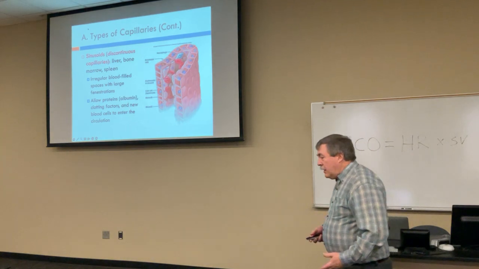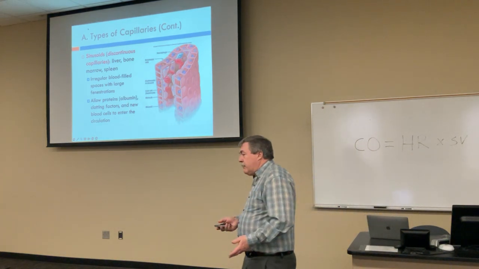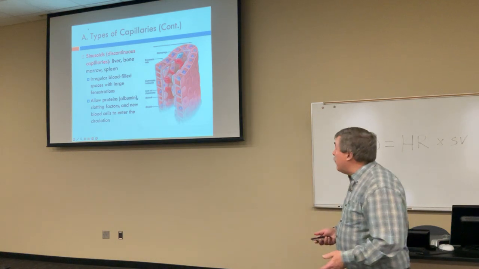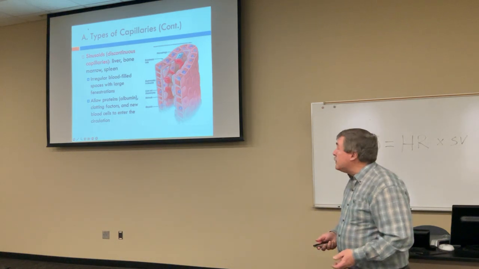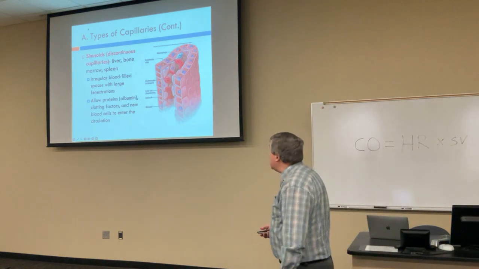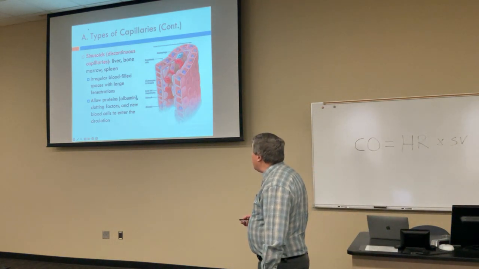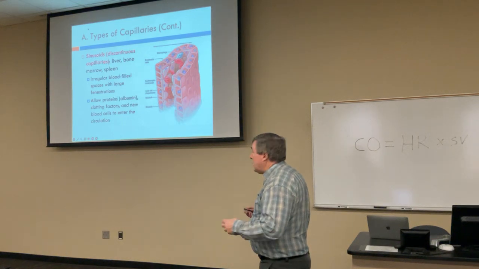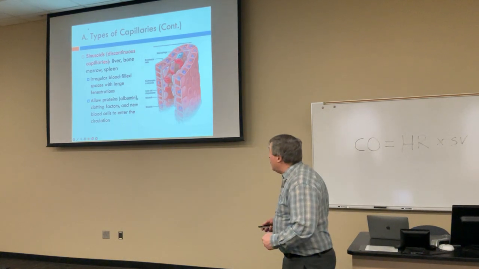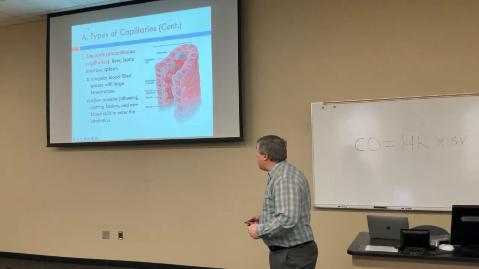Then finally, a third type is a very different looking type of capillary. The third type, but they're considered to be capillaries, are sinusoids, or discontinuous capillaries. Sinusoids are just irregular shaped blood-filled spaces with large fenestrations.